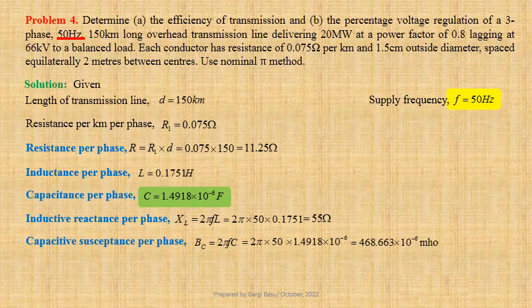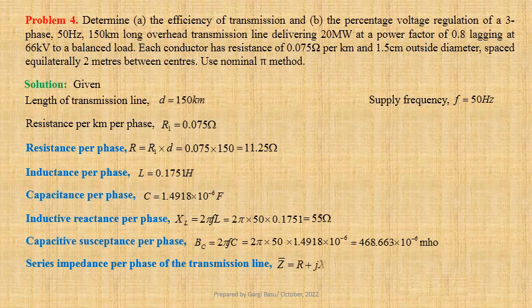Now we shall determine series impedance per phase of the transmission line. Z equals R plus JXL, that is equal to 11.25 plus J times 55 ohm. This may be written in polar form as 56.1388 ohm at an angle 78.44 degree.